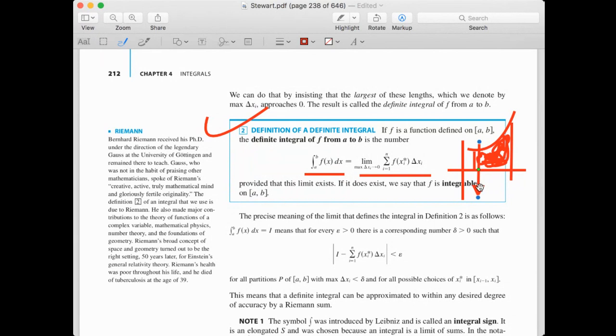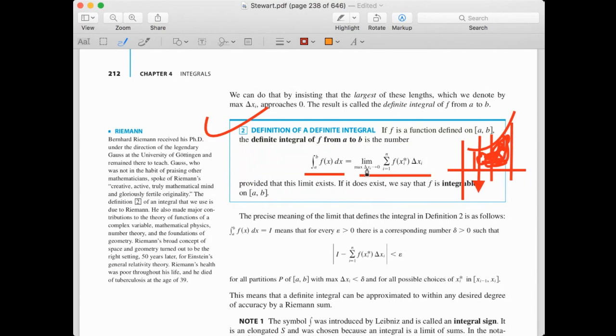Before we called it 1 over n. Each piece has a width, which we call the change in x. That's a symbol, and it means the change in x.